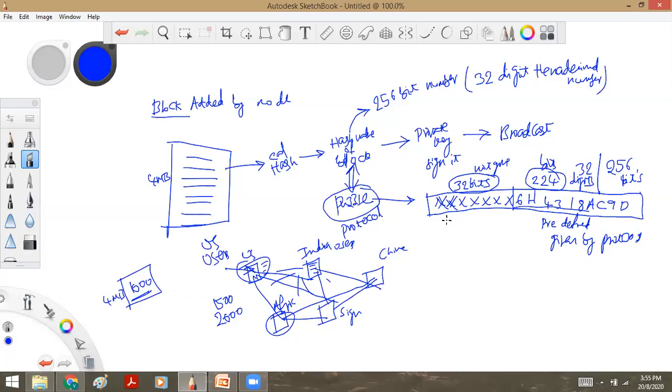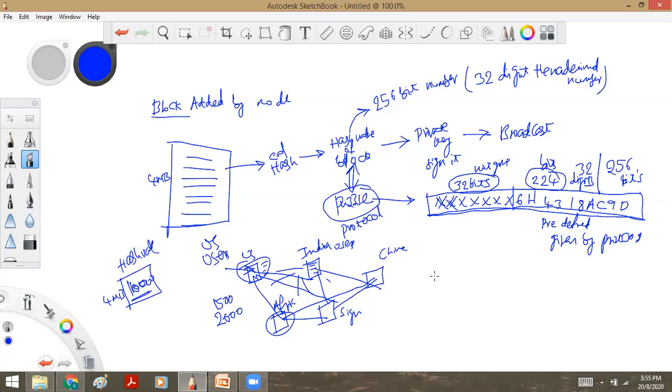The protocol doesn't fill some fields, for all nodes to calculate the puzzle and match with it. Now imagine US node with its 1000 transaction pool will calculate a hash value.